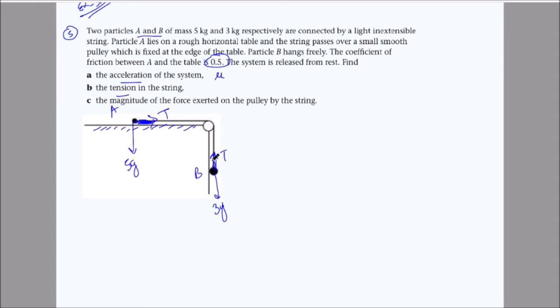So I will form 2 equations. In this situation, when you release the system from rest, B falls down and A goes towards the right. For B, I'm taking downward as positive. So 3g minus tension equals 3a.